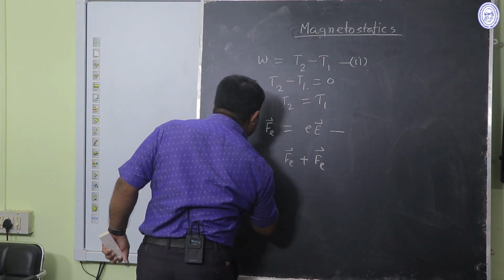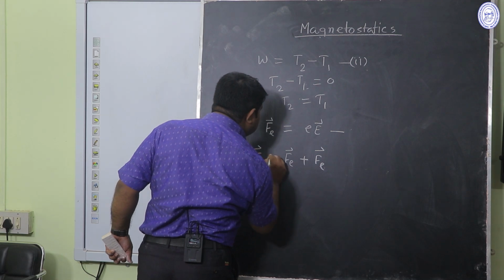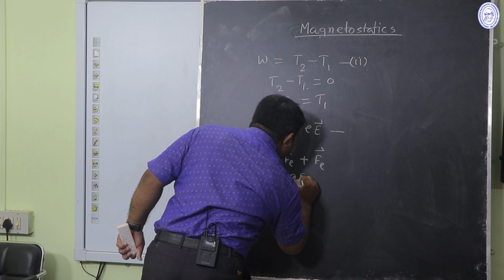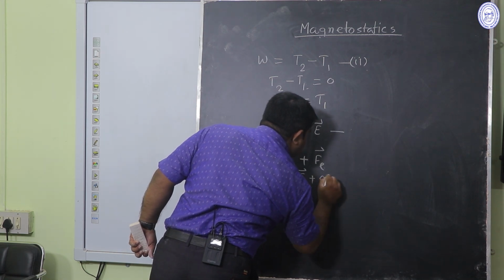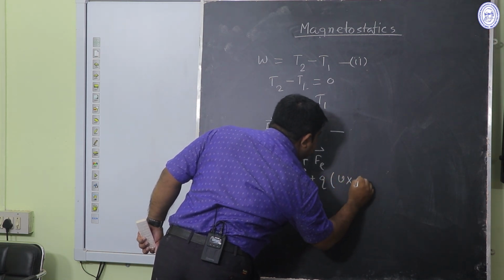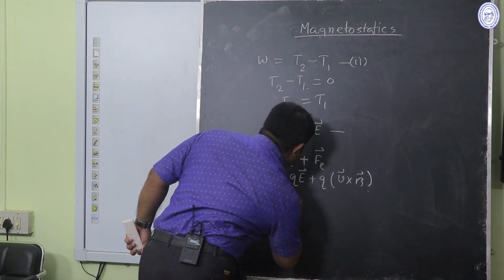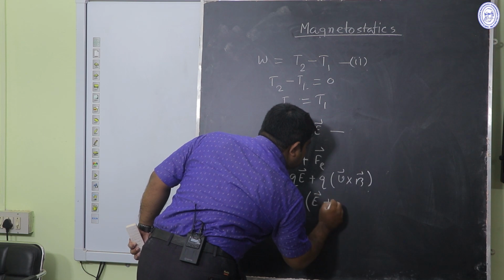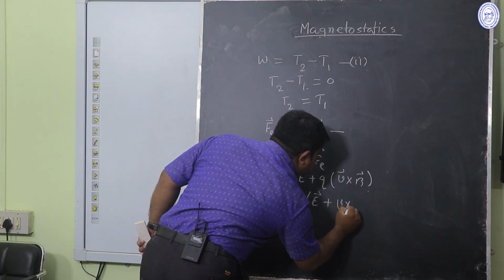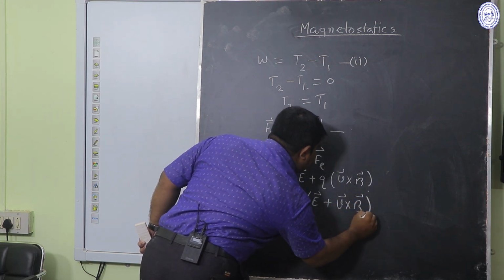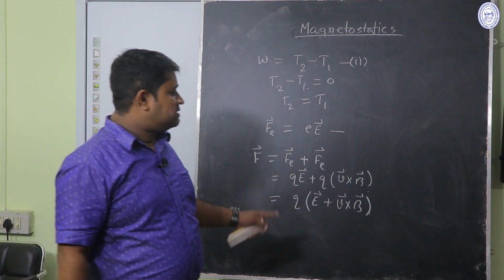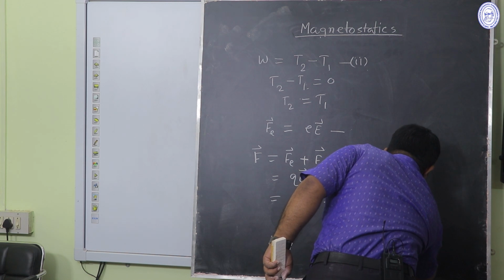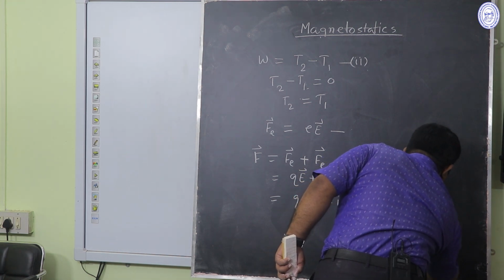This total force is equal to qE plus q into v cross B, that is equal to q into E plus v cross B. This force is known as the Lorentz force.